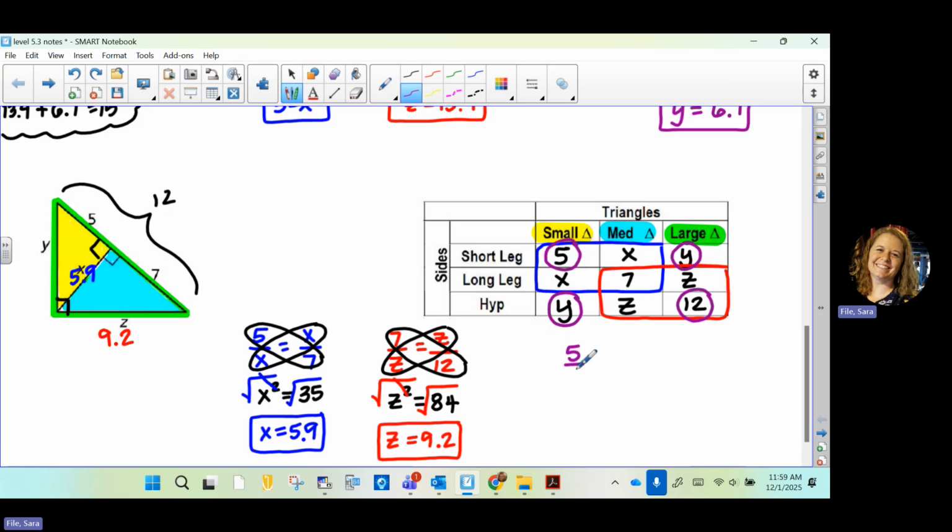So 5 is to Y as Y is to 12. Y squared equals 5 times 12, which is 60. And again, 60 is not a perfect square, so I end up having to round. And that comes out to approximately 7.7.